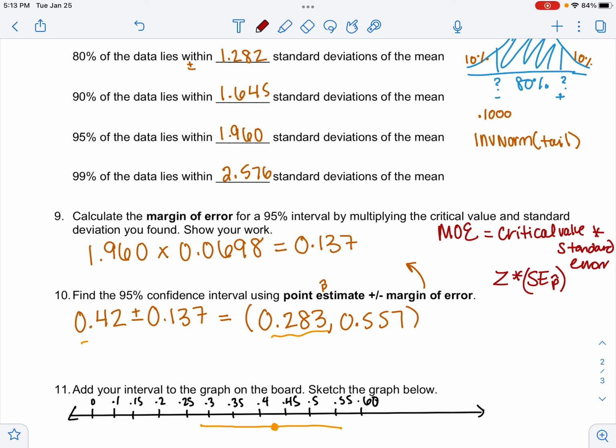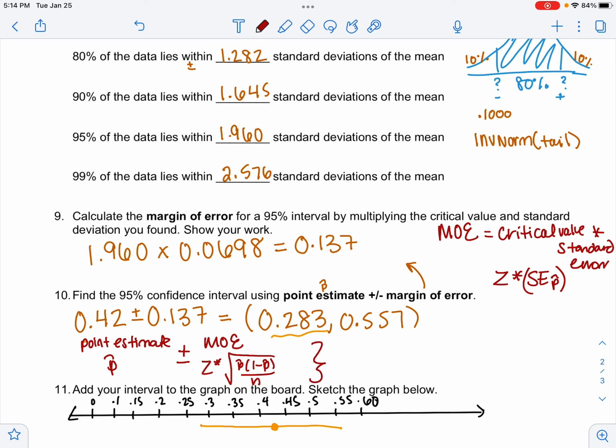All right, so after we find our margin of error, we take the point estimate and add or subtract the margin of error. So this was my point estimate, or p hat, plus or minus the margin of error, which was found by doing the critical value times the standard error equation, which was the square root of p hat times 1 minus p hat over n.